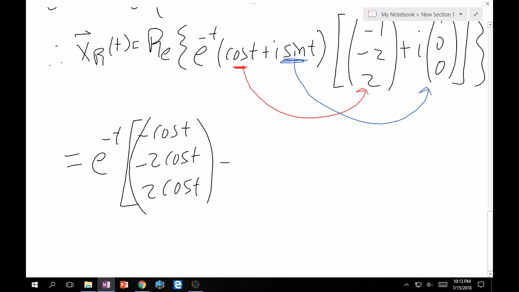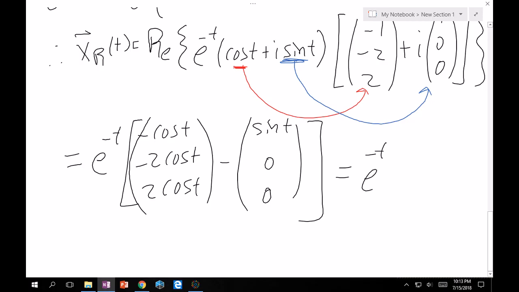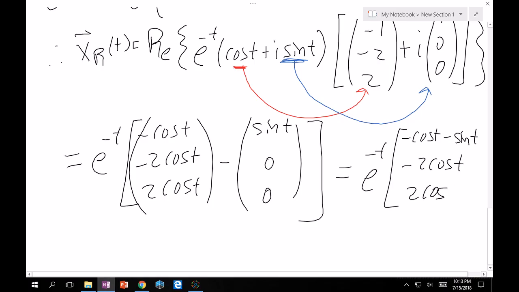So minus here, and then this i sine t, or really just sine t at this point, times (1, 0, 0) is going to give me (sine t, 0, 0). Right? And this is going to be e to the minus t, and then just these two things together: minus cosine t minus sine t, and then minus 2 cosine t, and then 2 cosine t.